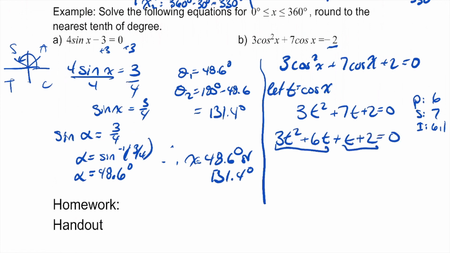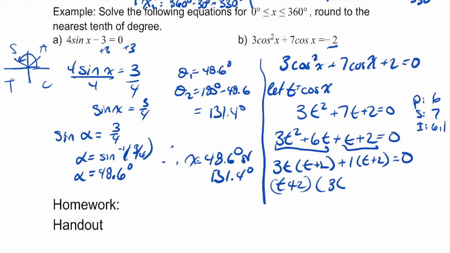We're going to common factor those two terms together. In the first part, I'm going to factor out a 3t, so I'm left with t plus 2. And here I'm just going to factor out a 1. That's all I could do. So I'm left with t plus 2 there. Then we common factor out a t plus 2, and we're left with 3t plus 1 is equal to 0.